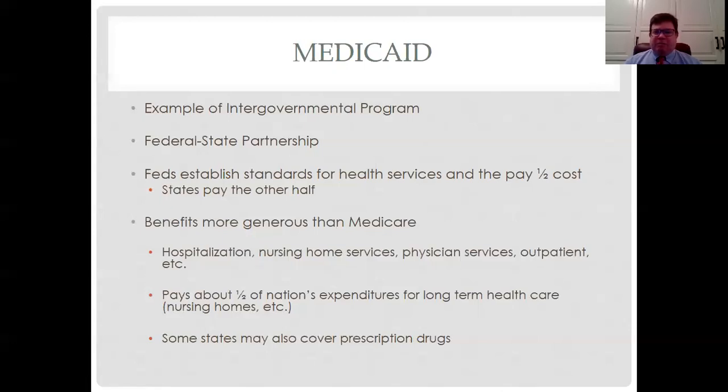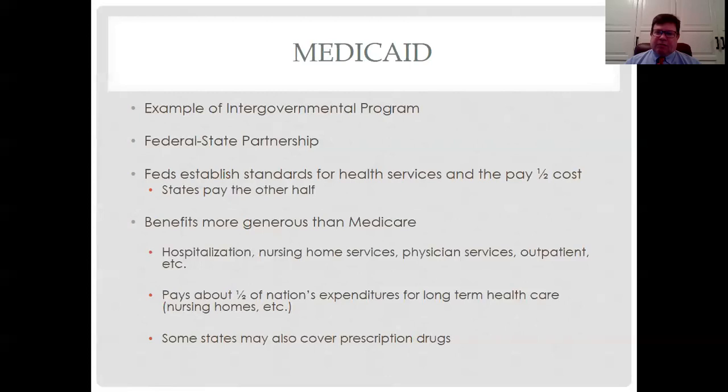Essentially, this is a federal-state partnership where the federal government provides typically about half the cost of the program for Medicaid for poor people, and in poorer states actually provides more. The federal government sets a floor of benefits that need to be provided and standards, and then individual states can provide more benefits if they want.